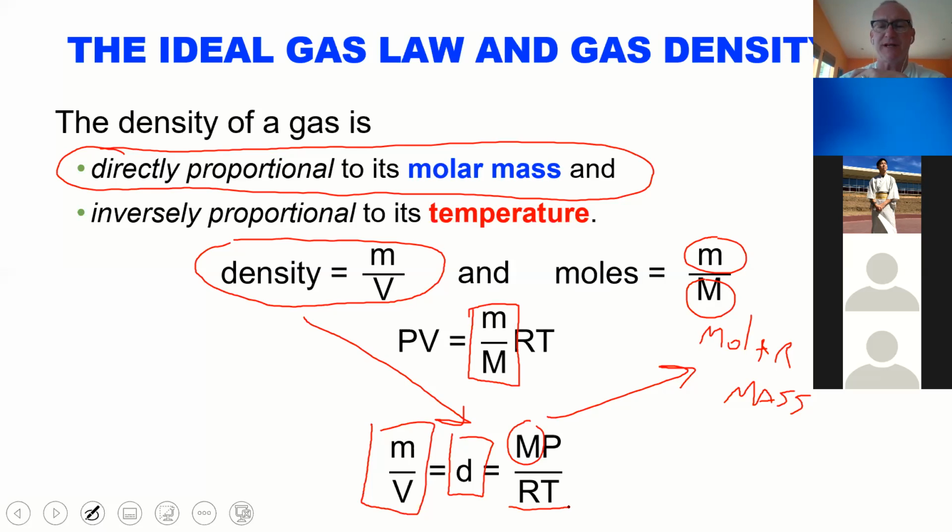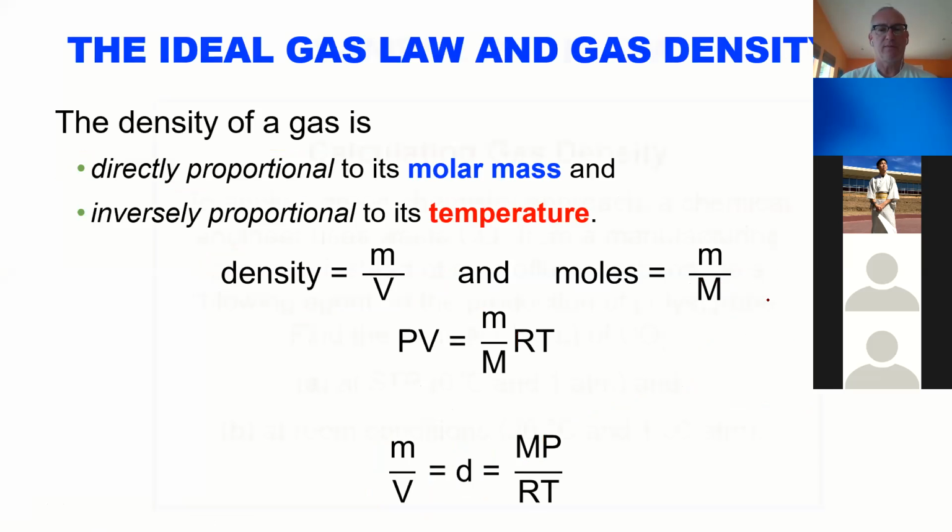And so it's just substituting different things. So if we know what the molar mass is, we know what the mass of the gas inside a particular volume, we can measure the density, or we can use the density to figure out what the molar mass of a gas is. It's just exchanging one thing for another.